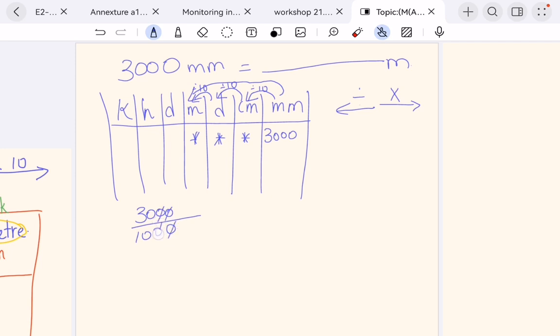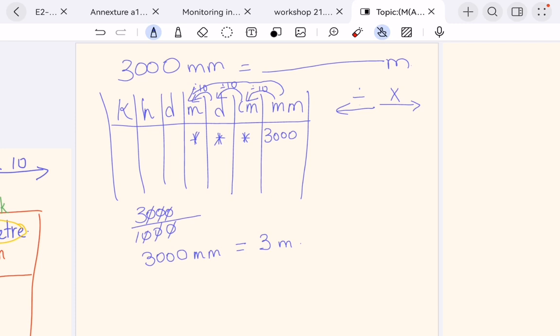A quick division, and I end up with 3,000 millimeters equals 3 meters. And I believe that answer is correct.